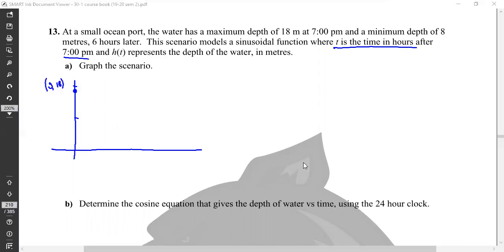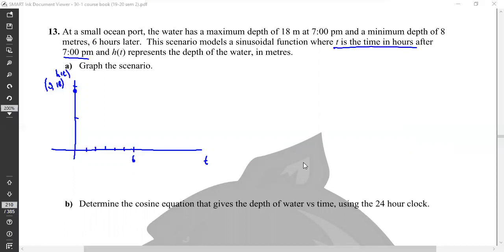At time 0, you're at 18 meters. Your minimum depth is 8 meters 6 hours later. 3, 4, 5, 6. We have a nice consistent scale on our t-axis in this case. Let's call this t. Let's call this h of t.